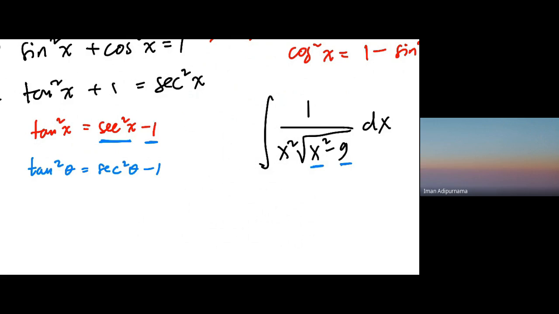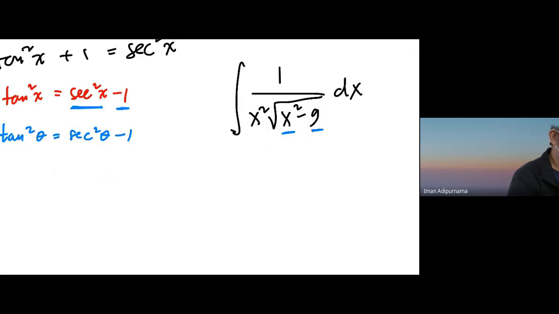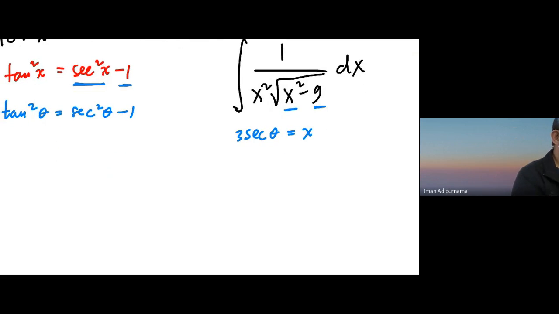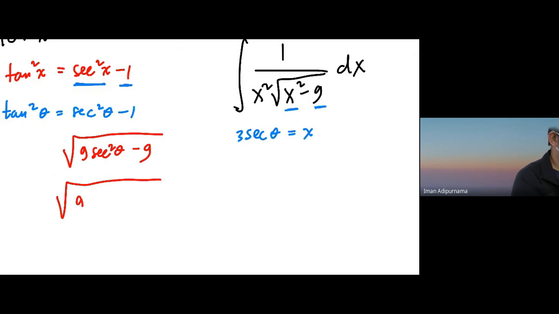If we rewrite it back, we can change to tangent. So if we let x be 3 secant theta, then the bottom will be 9 secant squared theta minus 9, which is 9 times secant squared theta minus 1, or just tangent squared, and we can remove the square root, right?